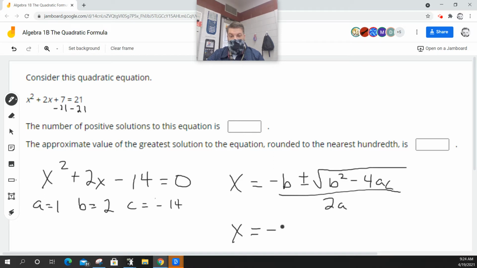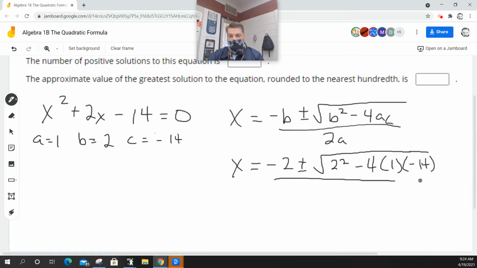Next line, negative 2 plus or minus the square root of 2 squared minus, I'm trying to hurry up and get it done, 4 times a, which is 1, times c, which is negative 14, all over 2 times a, which is 1.